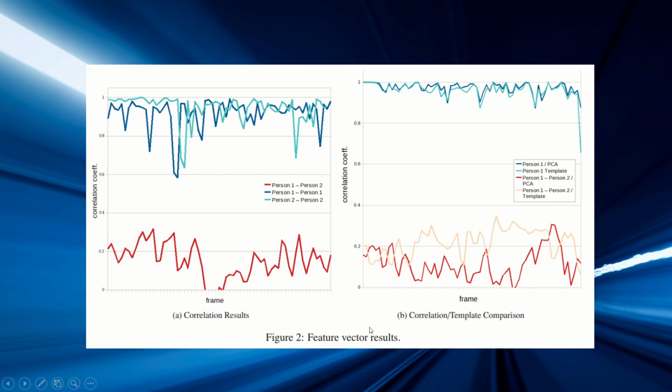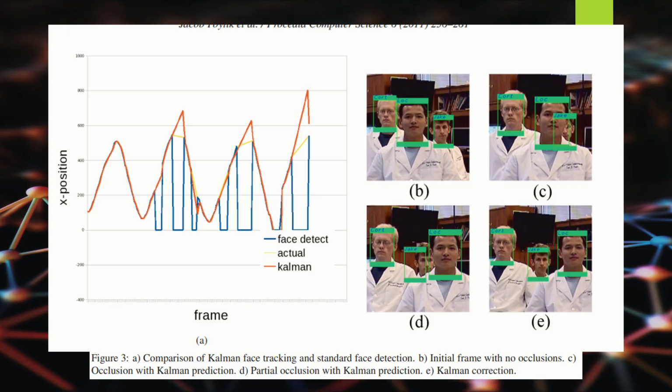As you can see, the results graph is plotted against the correlation coefficient and the number of frames being captured, and also correlation coefficient and frames captured using a correlation template. And here we can see a clear picture of how a Kalman filter works.